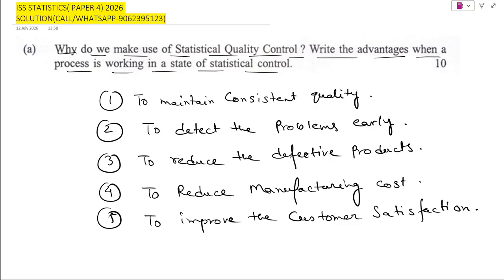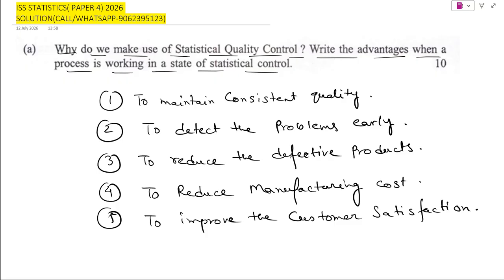Students are often confused between quality control and quality assurance. Remember the difference. Quality control focuses on detecting the defects, and quality assurance focuses on preventing defects. And statistical quality control is mainly a part of quality control, where the statistical methods help monitor and improve the process.